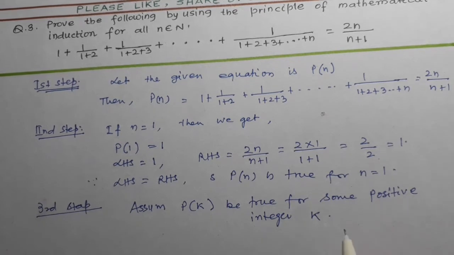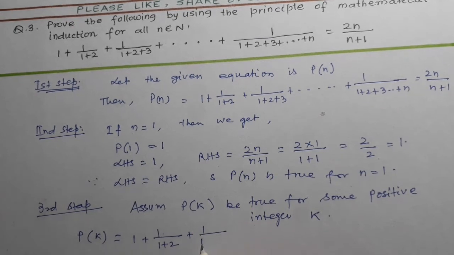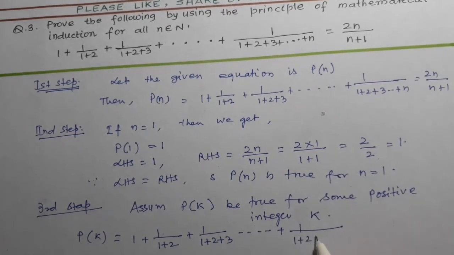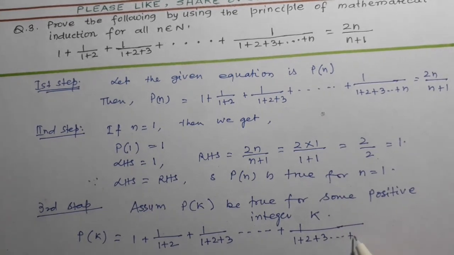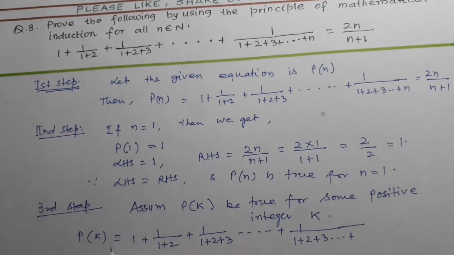So for this we are writing P(k) will be equal to 1 plus 1 by (1 plus 2) plus 1 by (1 plus 2 plus 3) plus dot dot plus 1 by (1 plus 2 plus 3 dot dot plus k), and for n we are writing here k.